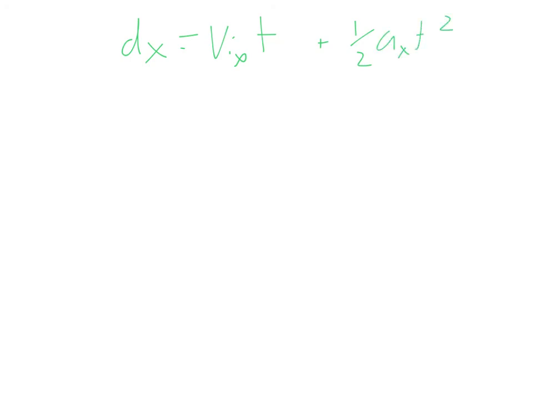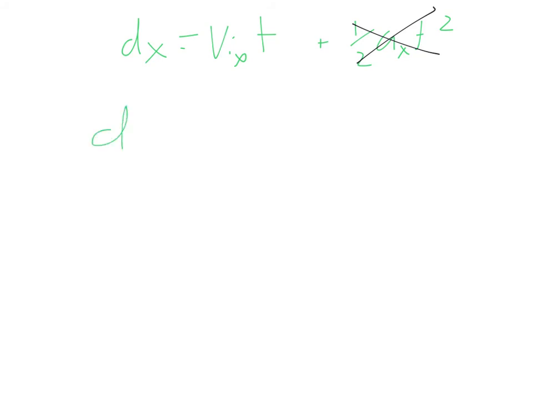Just like with our cliff diver problem, or with any projectile problem for that matter, there is no horizontal acceleration. The only acceleration for an object once it's in the air for a projectile is gravity. So this entire term just cancels out, because if ax equals 0, it doesn't matter how much time passes, that term is always equal to 0.